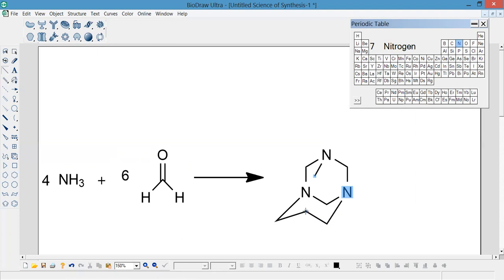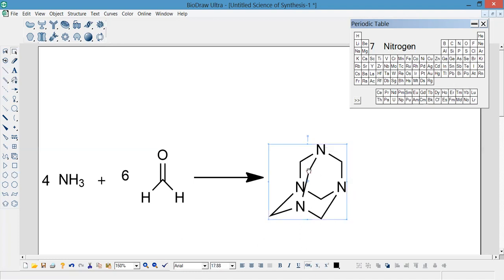First put down the nitrogen atom here. Now take this bond to this new nitrogen atom. This is the cyclic structure of hexamethylene tetramine, also known as hexamine.